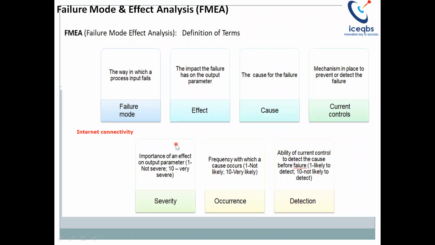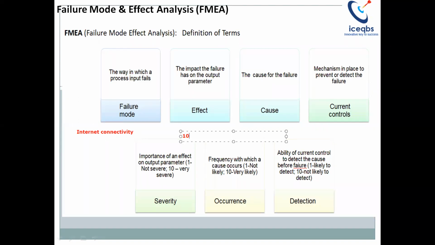Maybe I may ask you to wait for 10-15 minutes. Then I don't have any alternative but to contact you through the WhatsApp group and tell you that maybe the class is going to be postponed, right? So whenever the internet connectivity fails, the effect is going to be very severe, because the requirement will not be fulfilled. So in that case, I may give you a severity rating of 10, right?